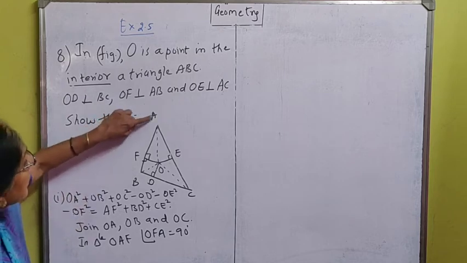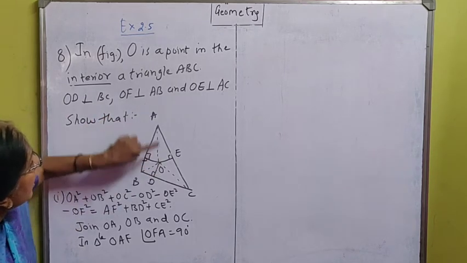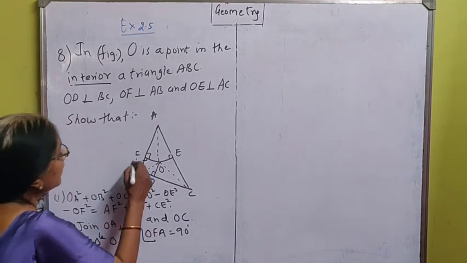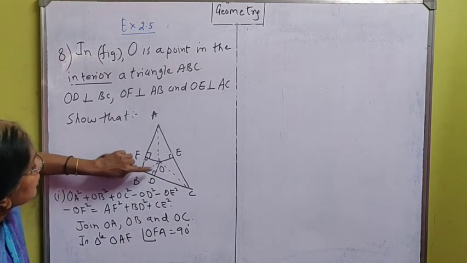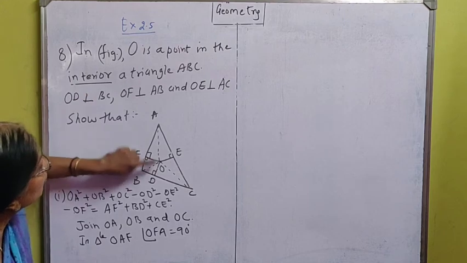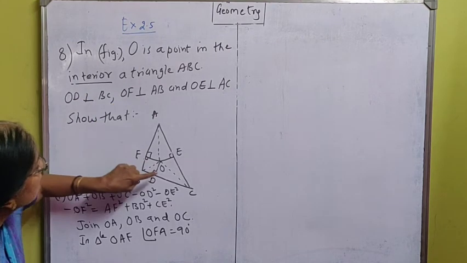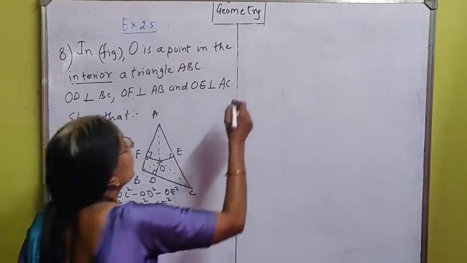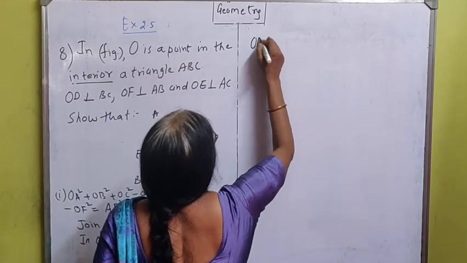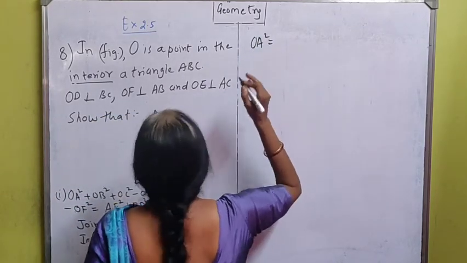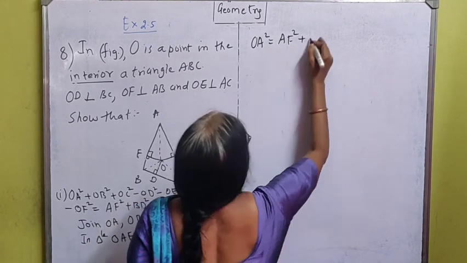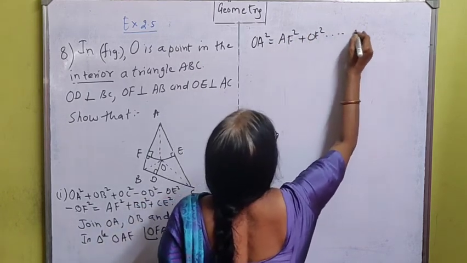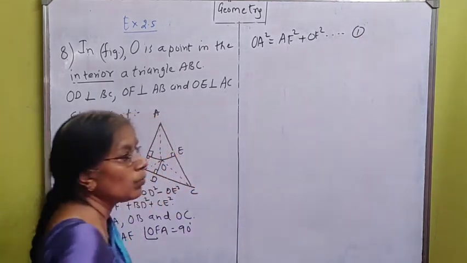So AF, OF and OA are the sides of the triangle OAF, and OA will become the hypotenuse. So using the Pythagoras theorem, OA square is equal to AF square plus OF square. We can write it down. This is your equation number 1.